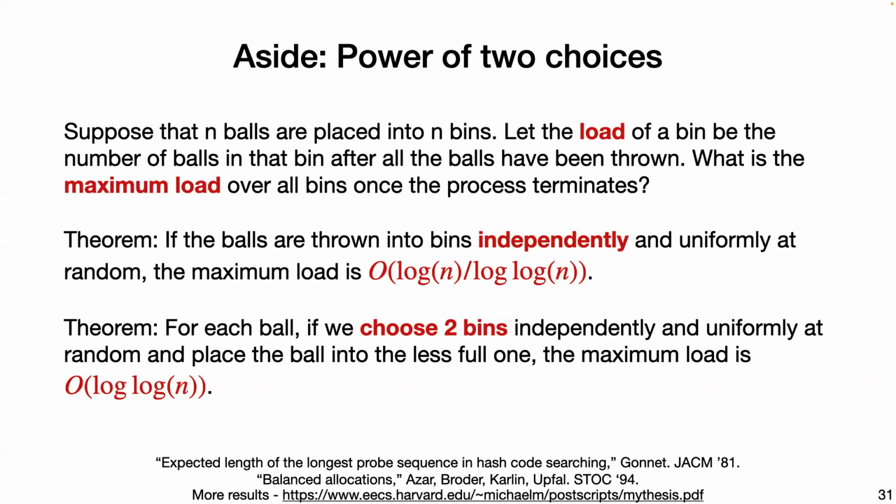You throw the balls into the bins and you try to make arguments about how full any bin is after you've thrown all the balls, and how full the maximum bin is. So if you throw n balls into n bins, what is the expected fullness of every bin?